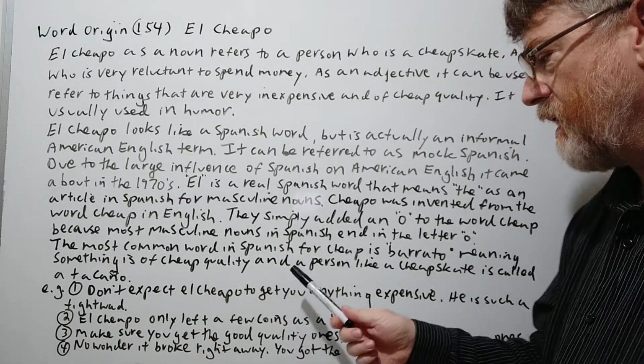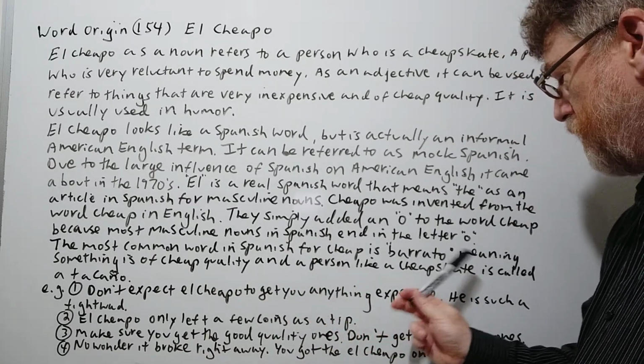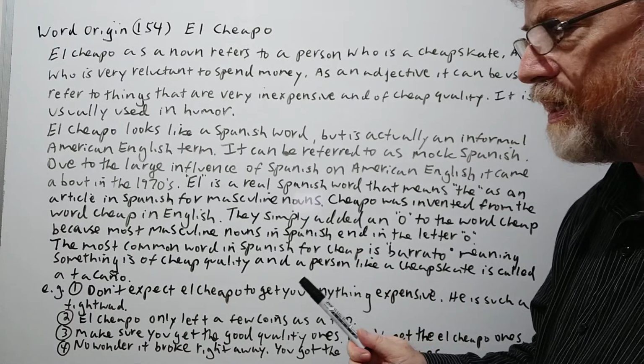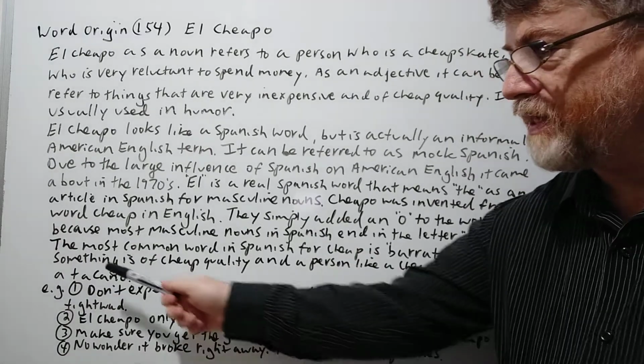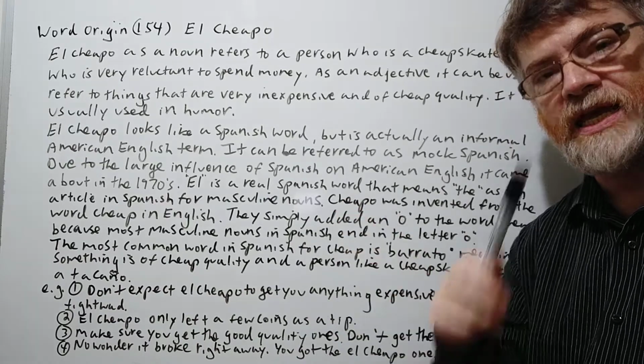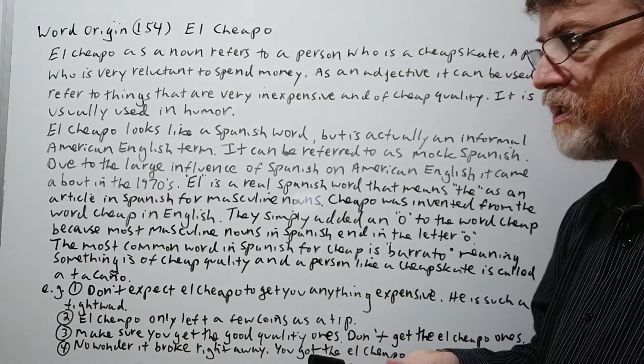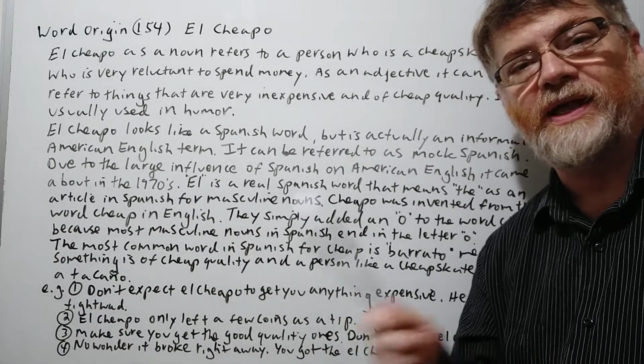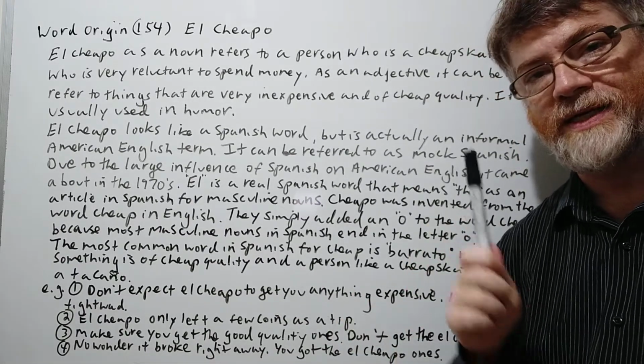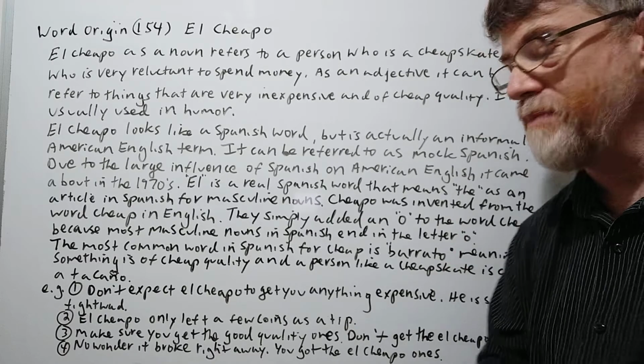And a person like a cheapskate is called tacaño, with that little tilde N there. That's that nasal N, like when we say the word onion in English. So a tacaño would be more like a person that's a cheapskate that doesn't want to spend money.